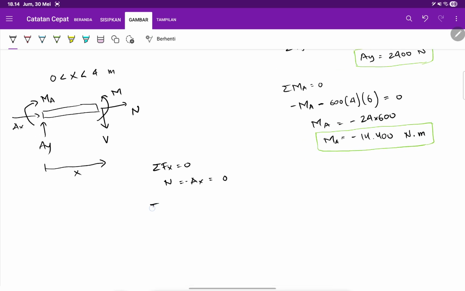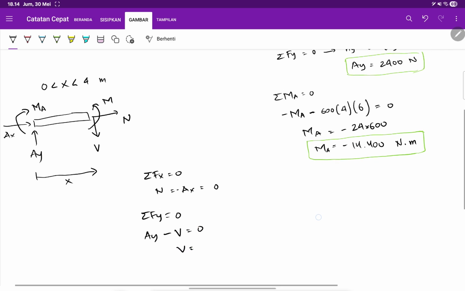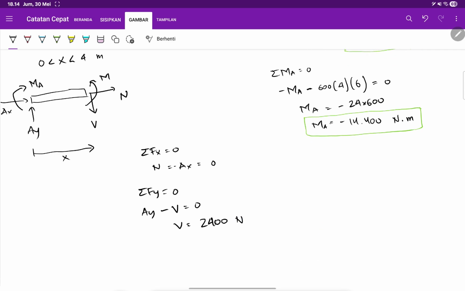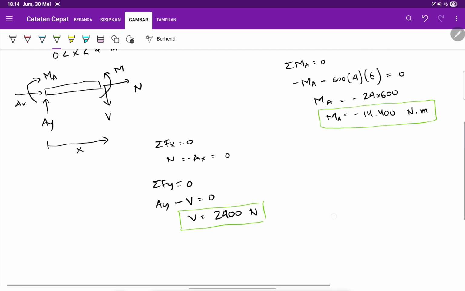And then sigma Fy equals 0. You will have AY minus V equals 0. Your V will become AY, 2400 Newton, right? And let's make it boxed in green.